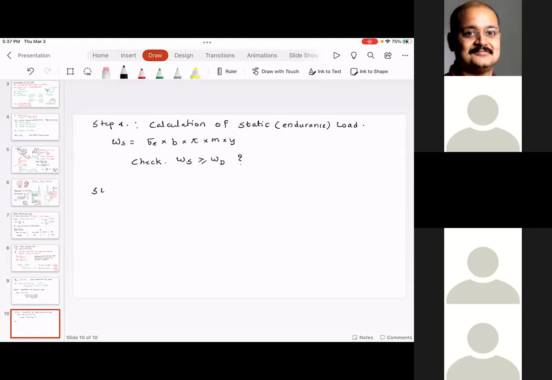Everyone understood this? So this is a sort of back and forth that you have to do. Next is step 5, which is calculation of wear load.